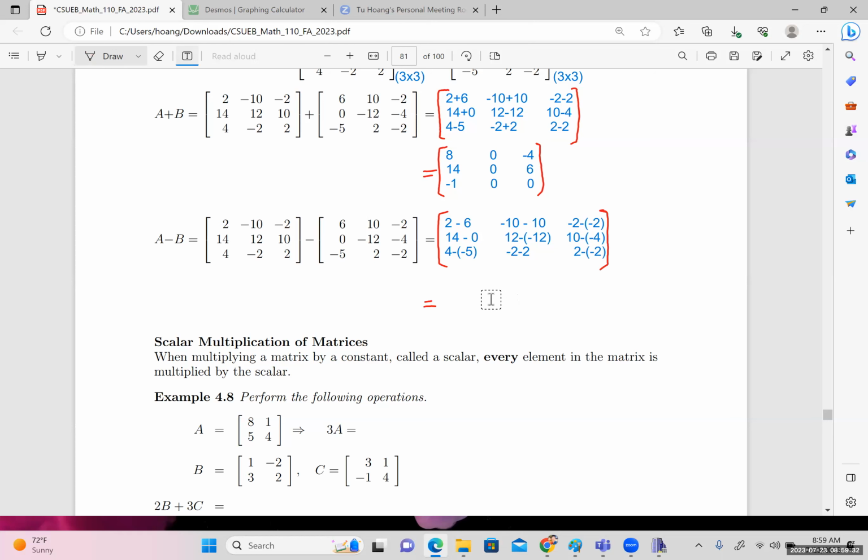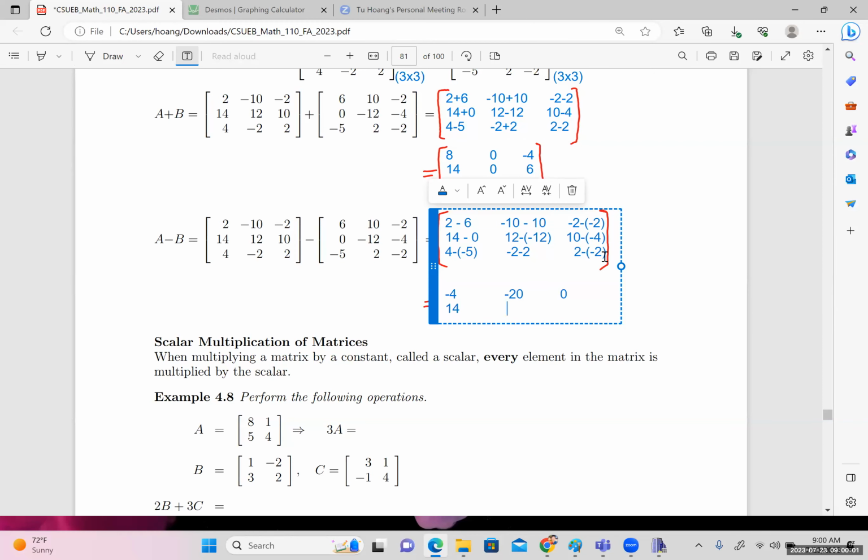Okay, so let's simplify it. So the first one will give me -4. And then -20. Then -2 plus 2 is 0. Right? And then 14.